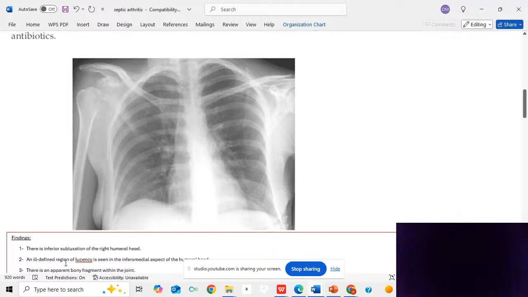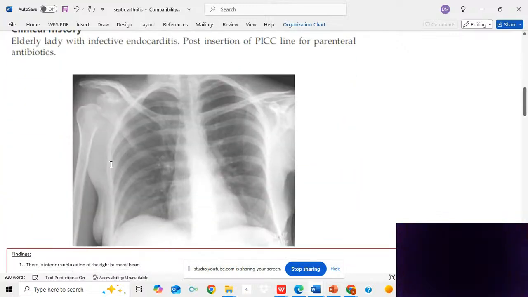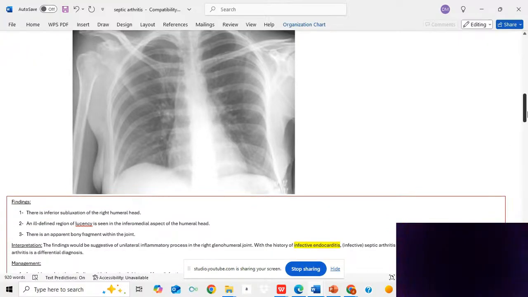An ill-defined region of lucency is seen in the inferior medial aspect of the humeral head. Can you see this? An ill-defined area of lucency in the medial and inferior aspect of the humeral head. Yes, this is an example of subchondral erosion or bone destruction.